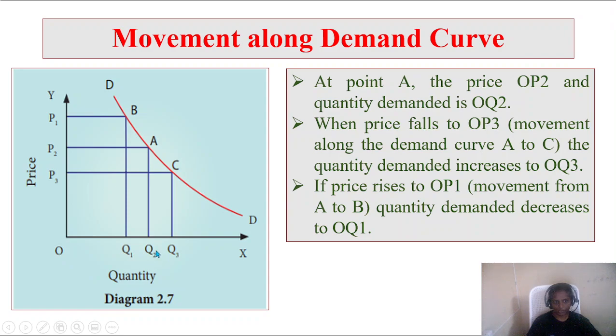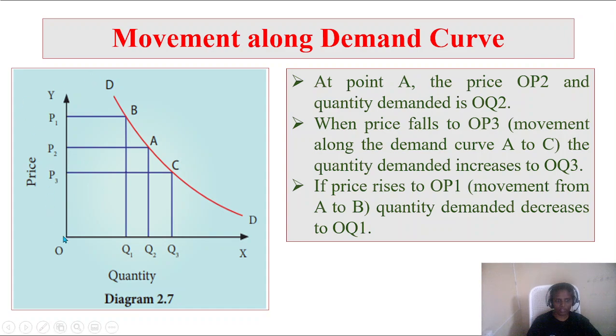The point where the price and quantity lines touch each other is point A. If there is a change in the price of the commodity, it may be an increase or a decrease.